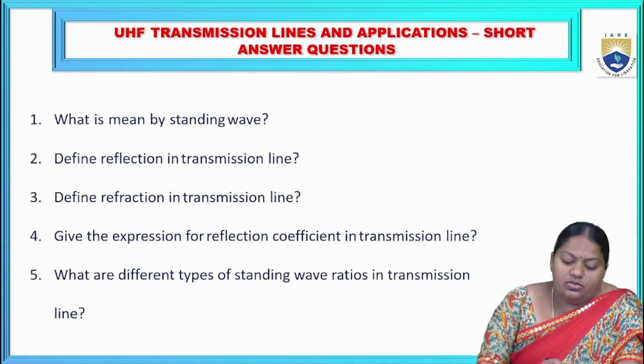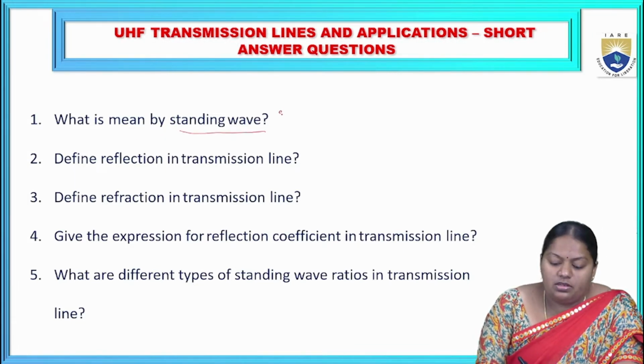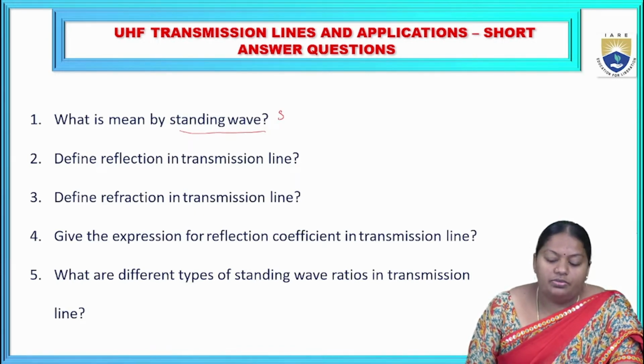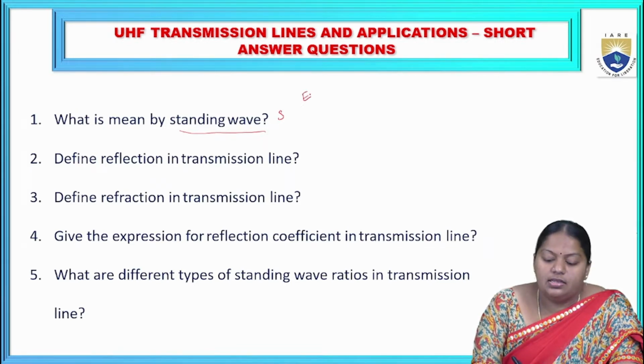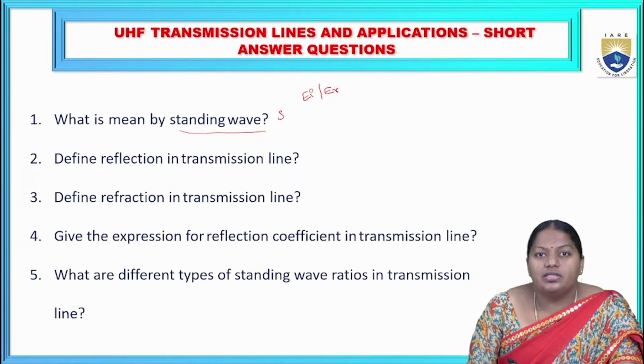Coming to the first question, what is meant by standing wave? Generally it is represented with S, and standing waves are waves consisting of two traveling waves, one is the incident wave and the other is the reflected wave. When the wave which strikes the boundary is completely reflected back to the same medium, standing waves are produced.